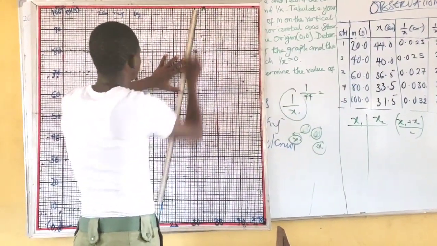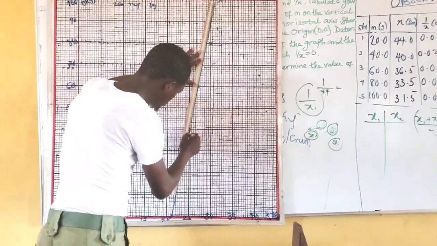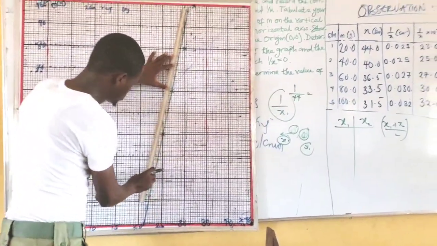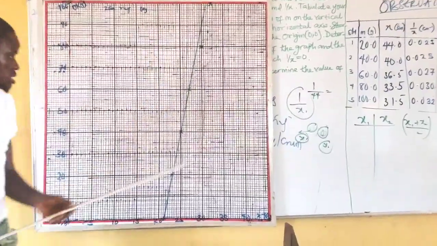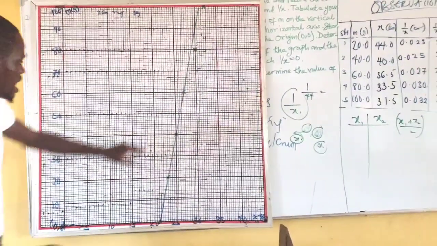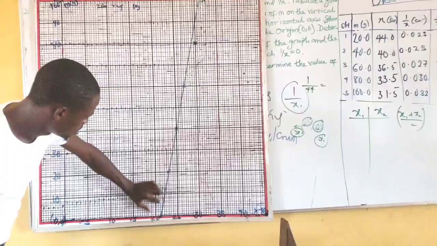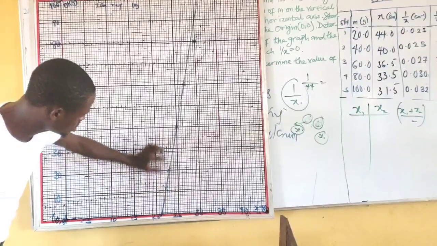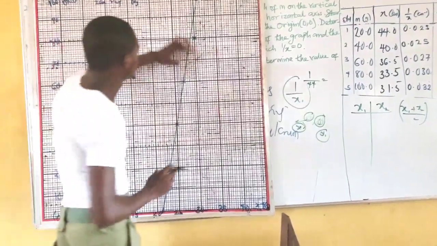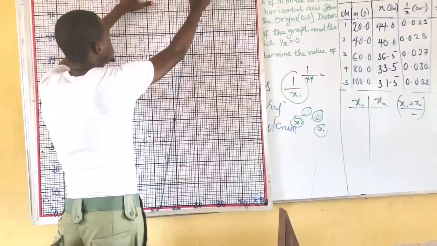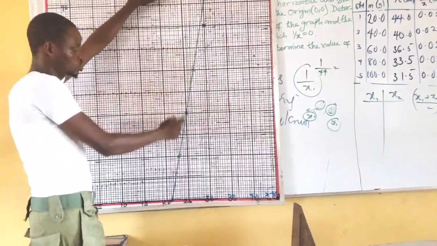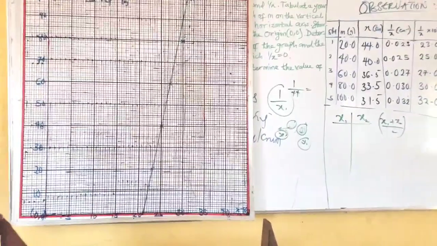This is my straight line. I have this straight point here. Let me try to remove all these unnecessary lines. So this is my 3 points. This is my 3 straight points. 1, 2, 3. Now I've gotten the straight line graph.